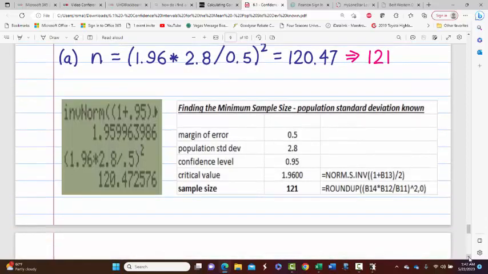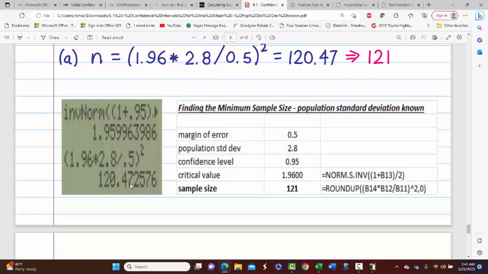Okay, so you do the inverse norm to get your number here, and that one's convenient to round to 1.96. So I did 1.96 times the standard deviation divided by 0.5, but all of that is squared. So it's 120.47.